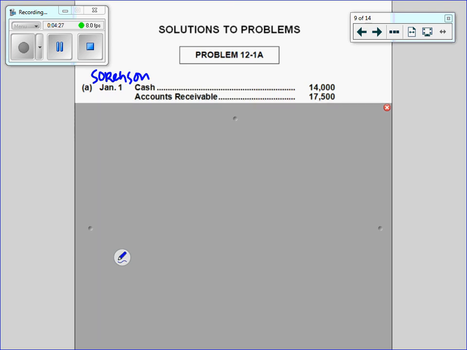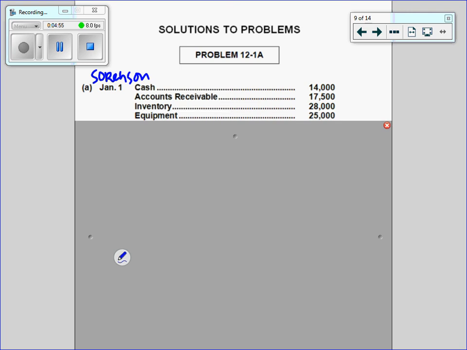What's our next asset that he's bringing to the table? Inventory. Did they decide a different dollar amount on that? $28,000. Although he brought originally $26,500, they collectively as a partnership decided to bring the value of that up.